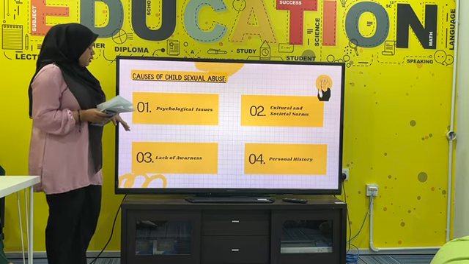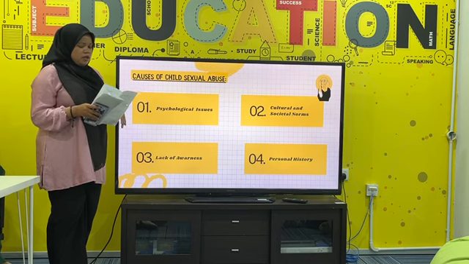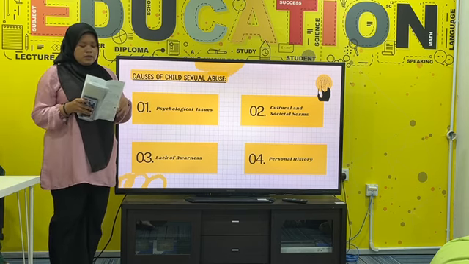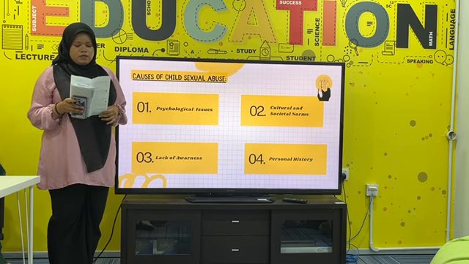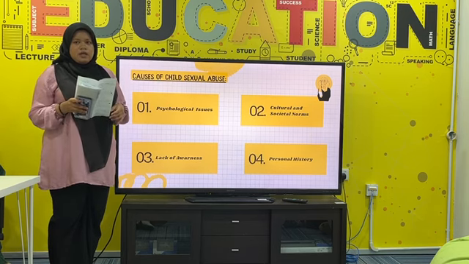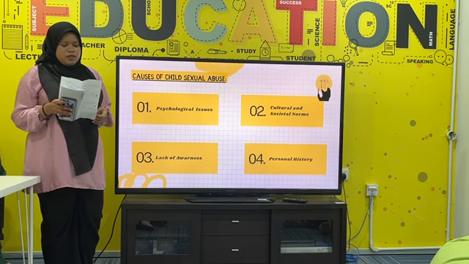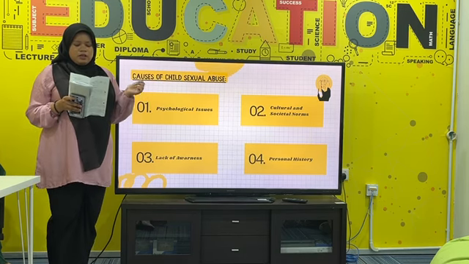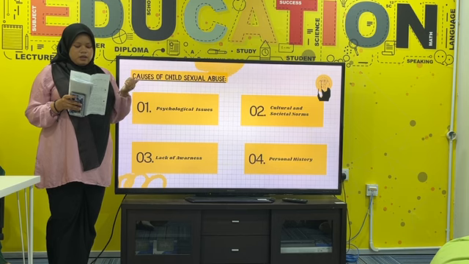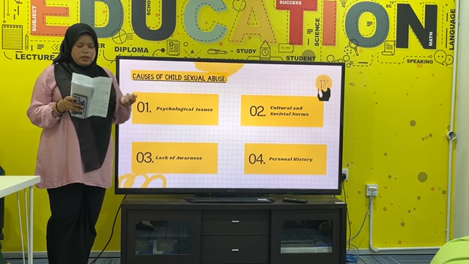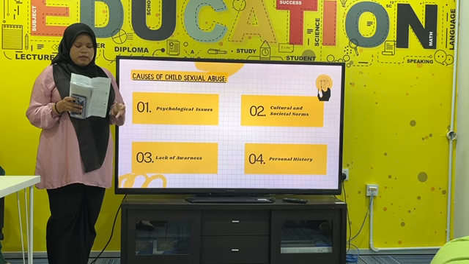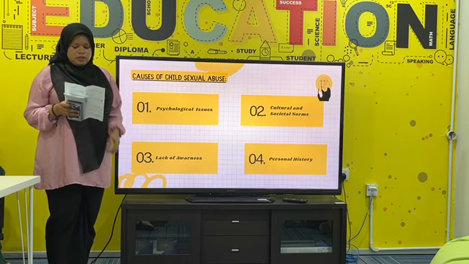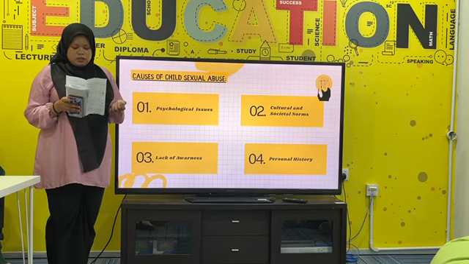Okay, third, lack of awareness. Lack of awareness refers to the inability or unwillingness of the abuser to fully understand or recognize the harmful impact of their actions on the victim. This can include ignorance about the legal, emotional, and psychological consequences of their behavior, as well as a distorted belief that the child is not being harmed or that the abuse is acceptable under certain circumstances.